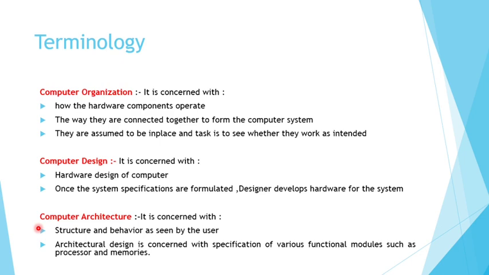Then computer design basically deals with the hardware design, and once system specifications are formulated, it develops the hardware of the system, and in the end, the computer architecture is concerned with structure and behavior as seen by the user.